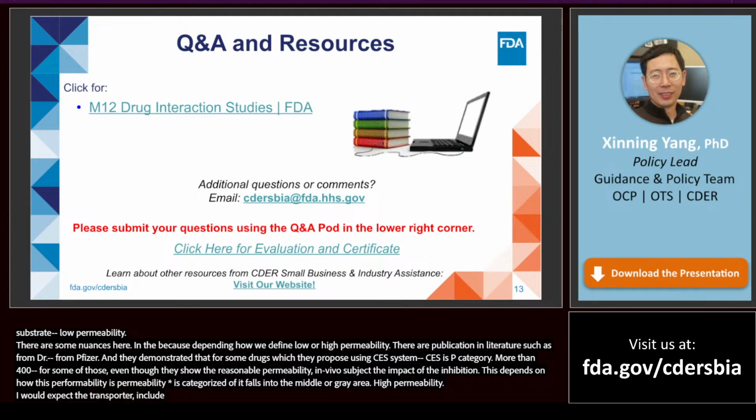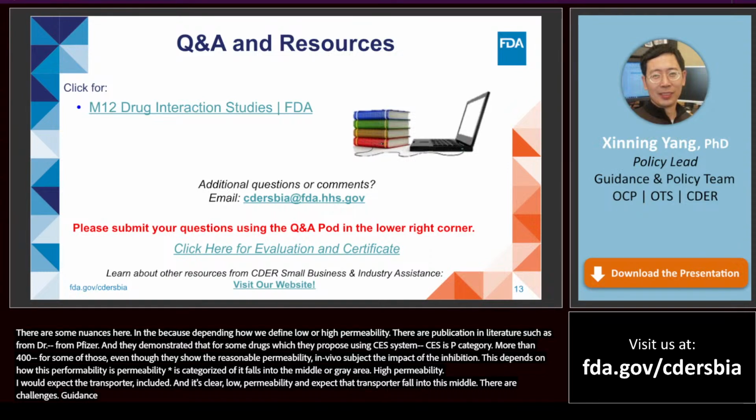And for a drug with clearly low permeability, of course, we expect that the transporter may be important, but when it falls into this middle, there's some challenge. So in the guidance, we removed this, but it's not saying that we do not acknowledge the importance of permeability in the overall assessment.